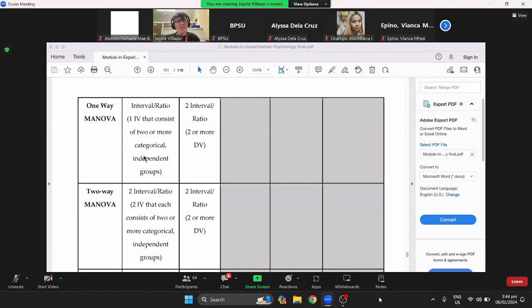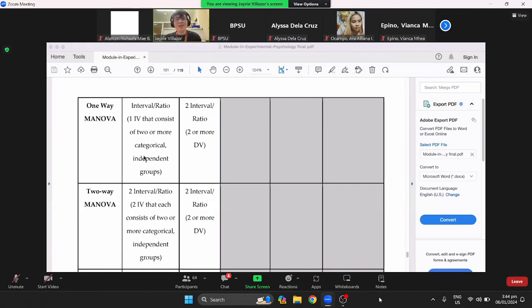Okay? Now, punta tayo sa dependent variable. Sir, ano yung pwede mong dependent variable dyan? Diba sabi, 2, tapos interval ratio. Okay? So, ang unang dependent variable mo ay ano? Number 1, level of concentration, and number 2, level of mental health.